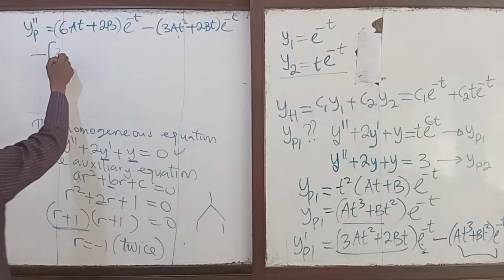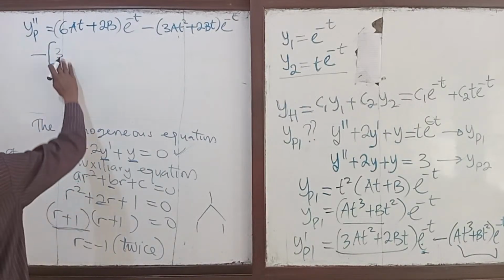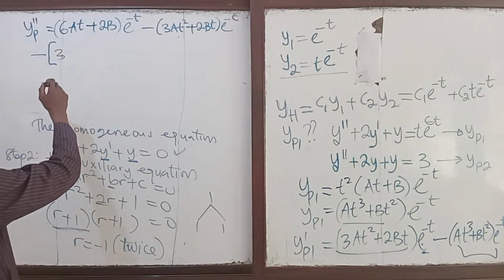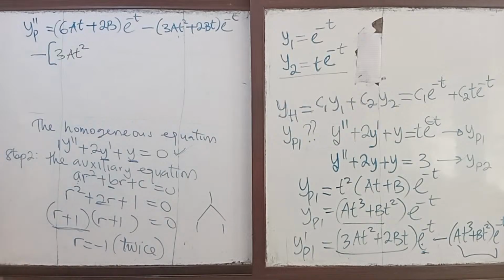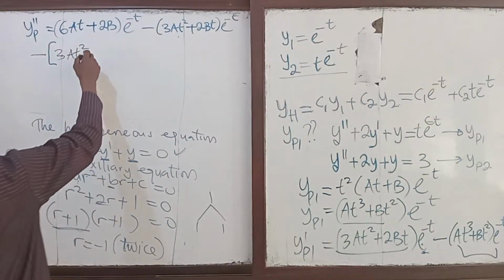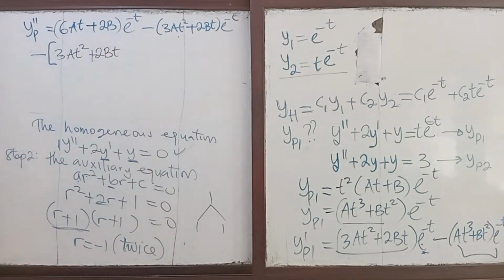That'll be 3at squared plus 2bt, plus 2bt.